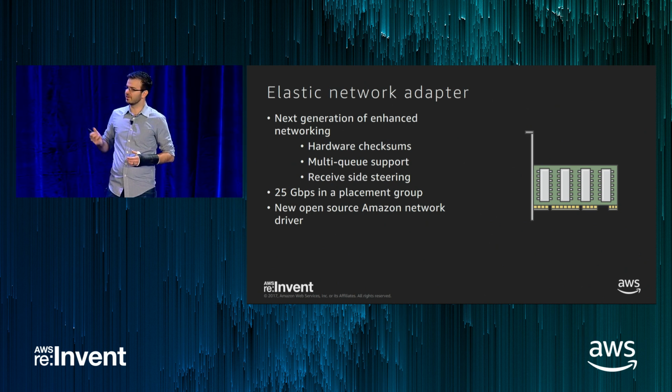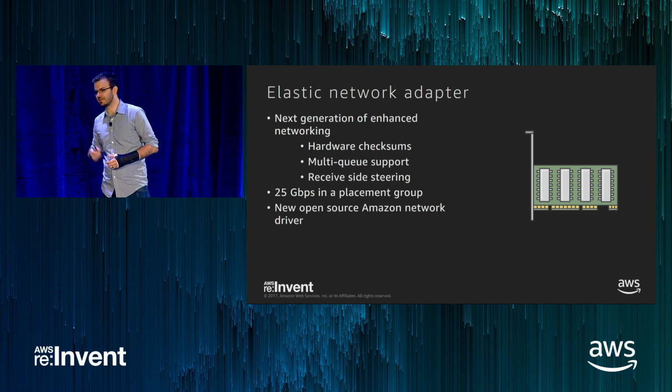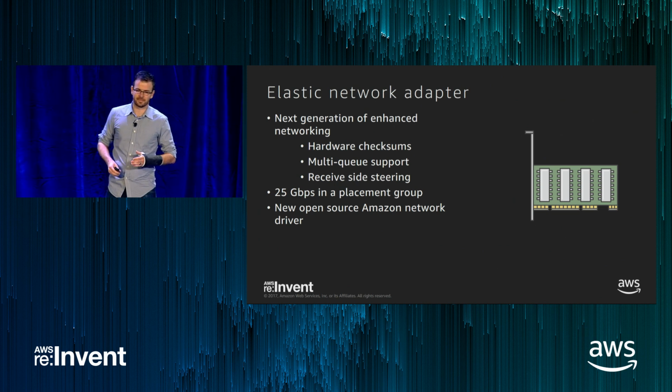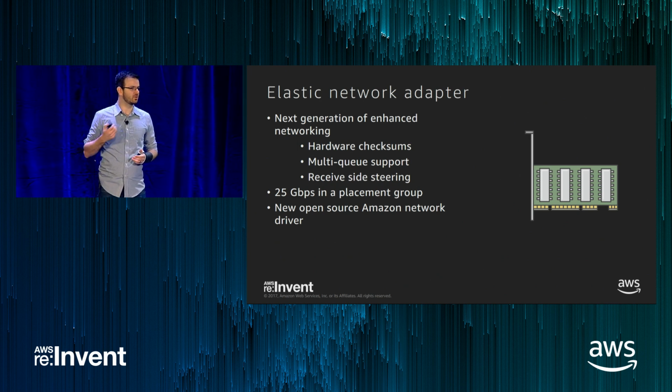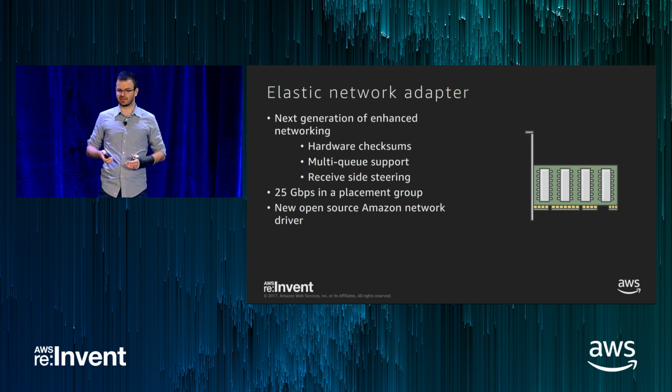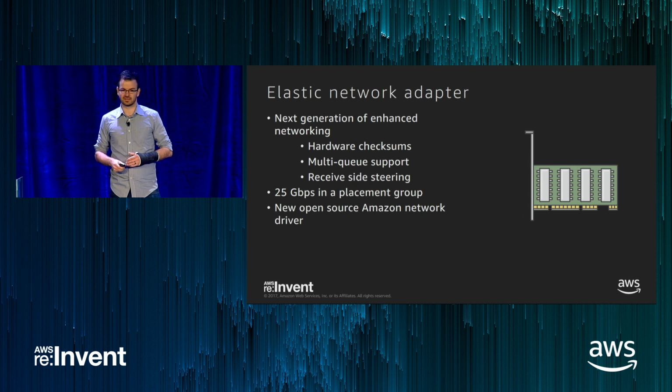So essentially, overnight, we flipped a switch, and now those instances, for free, got an extra 5 gigabits of network throughput without you having to reconfigure your operating system or really make any changes. So ENA is really the fastest network that we have available on AWS. It has other things like hardware checksums and receive-side steering that make it much more capable of packet processing. So I'm really excited about this network card.